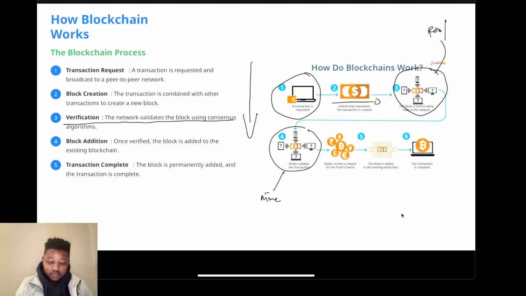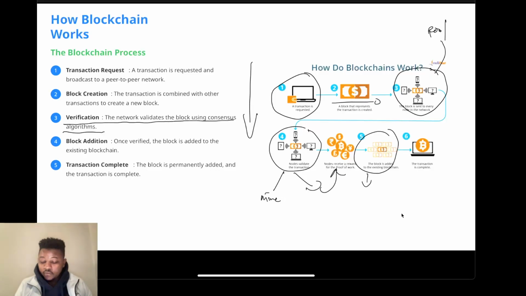Once the verification is done, the transaction is broadcasted to the network as confirmed. Then there is the block creation, where we create the next block, because these miners have confirmed that this is a valid transaction.